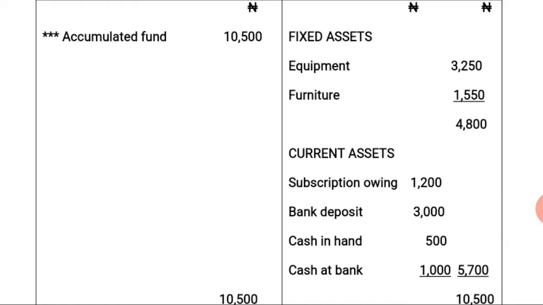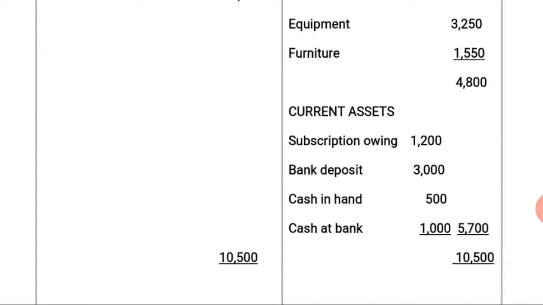Those were the two fixed assets mentioned in the question, and you add them together, we have the total of 4,800 naira as our fixed assets.